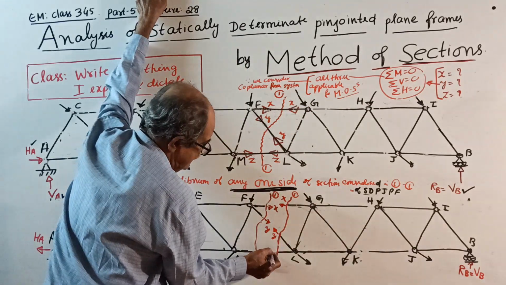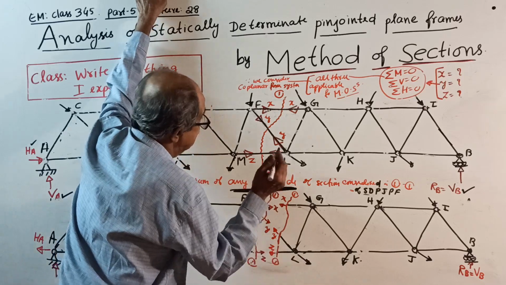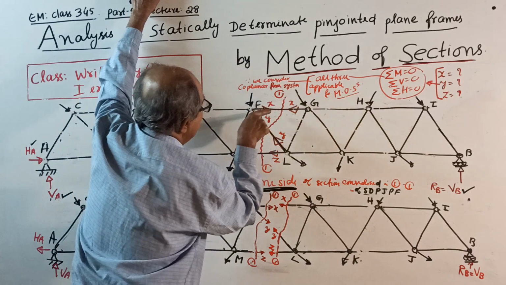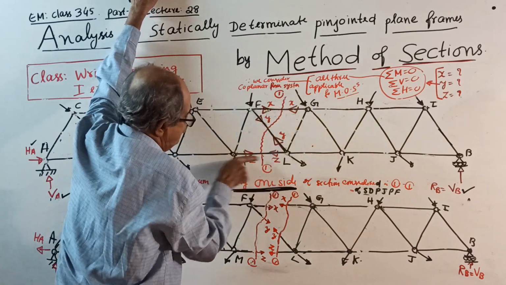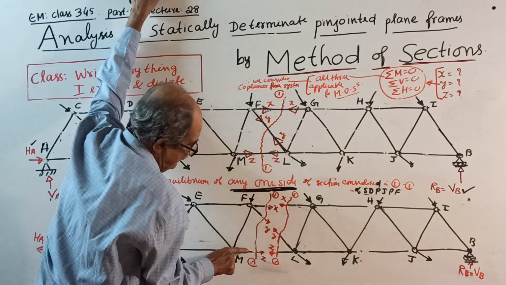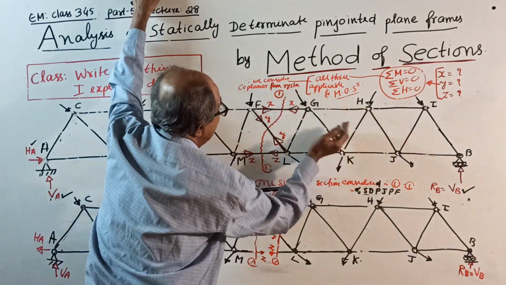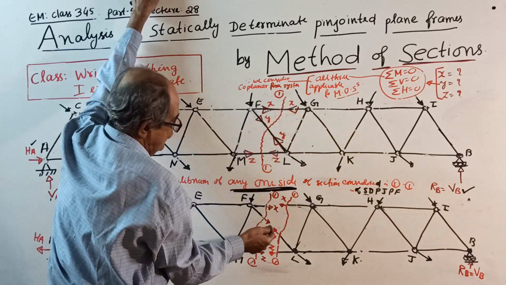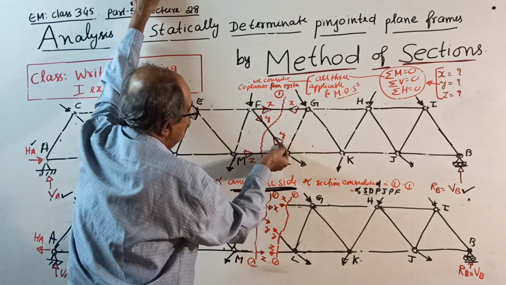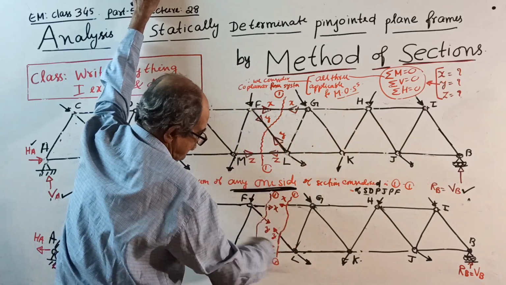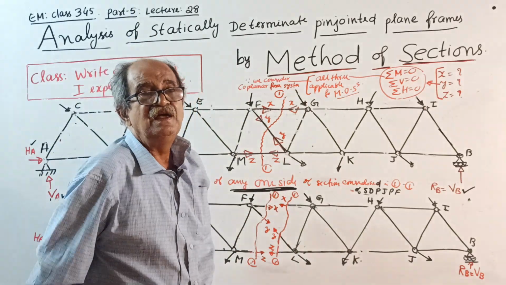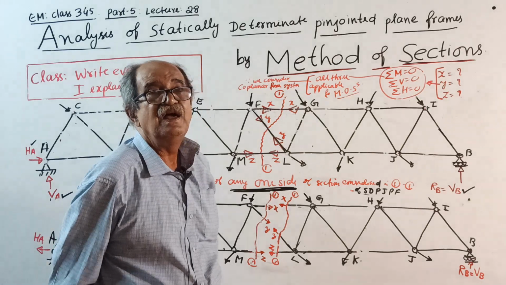Y and Z. If you are considering left side, see, X, Y, Z. X, Y, Z. If you are looking at the right side, push it this side. X, see here. X, Y, Z. They are not internal, they are external.